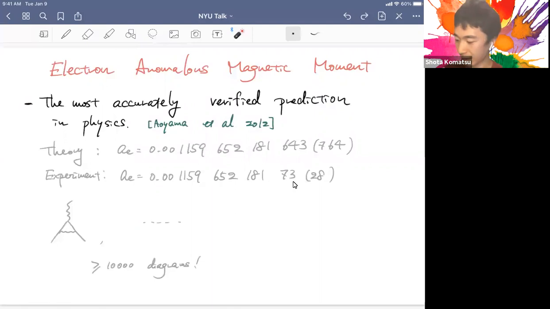There is a theory computation done by these people in 2012, which predicts this number. On the other hand, there is an experiment which basically confirmed this number. You can see the two numbers match up to very, very high precision. This computation is really a heroic effort, because in terms of Feynman diagrams, you need to sum more than 10,000 diagrams.